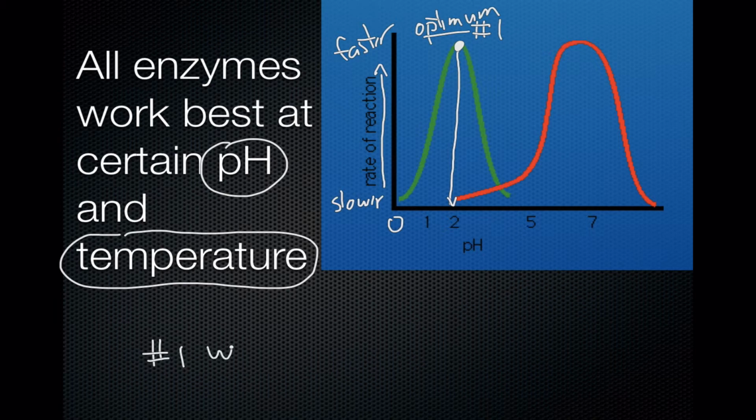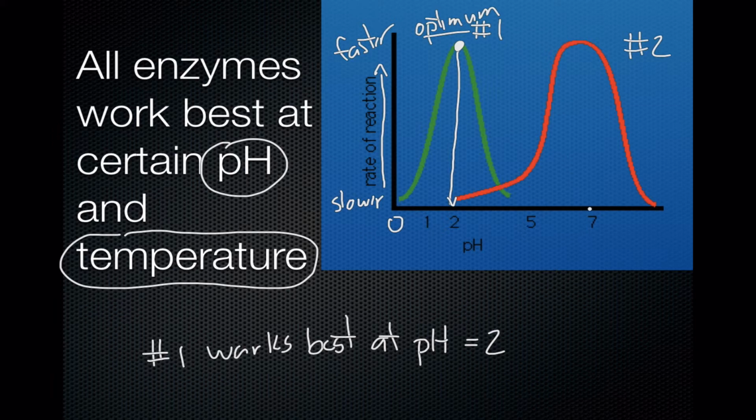So enzyme number 1 works best at pH equals 2. This might be an enzyme that works in your stomach, for example, where the pH is very low. Now, enzyme number 2, represented by this red line, is hardly doing anything at low pH.